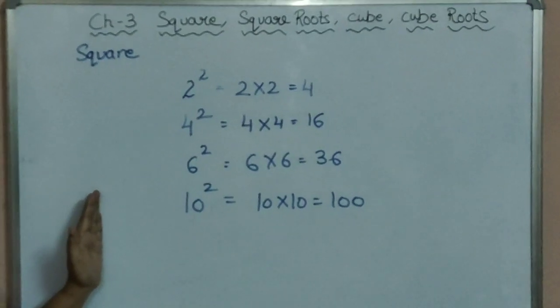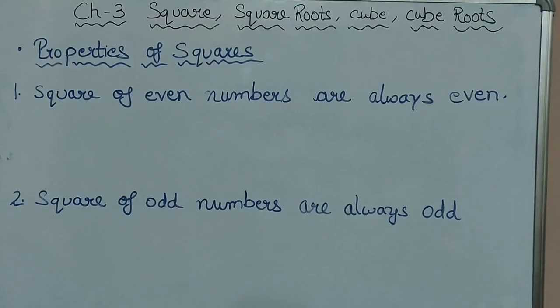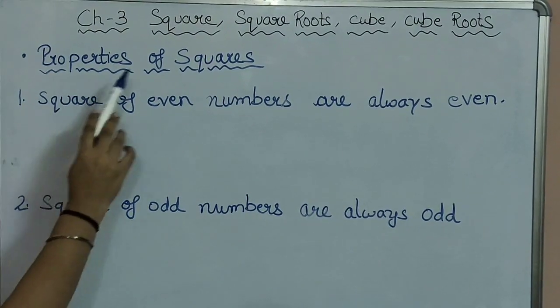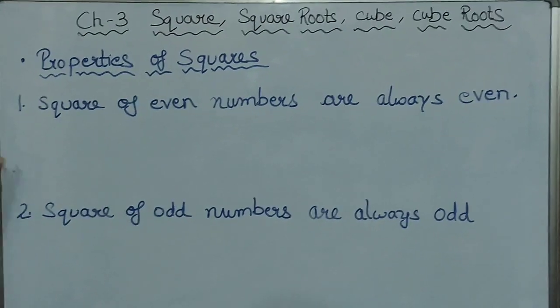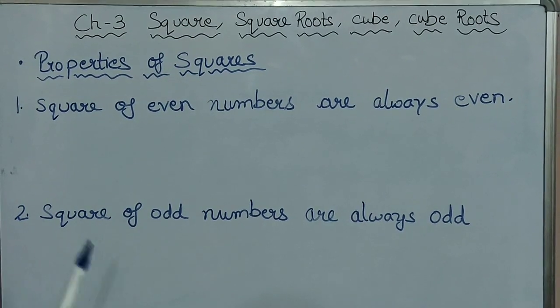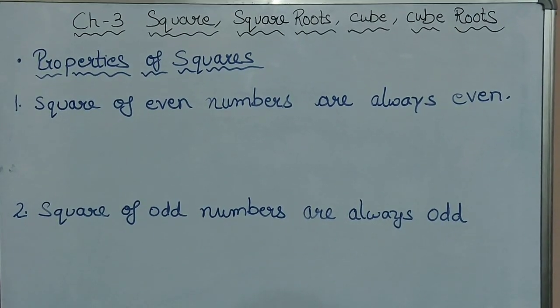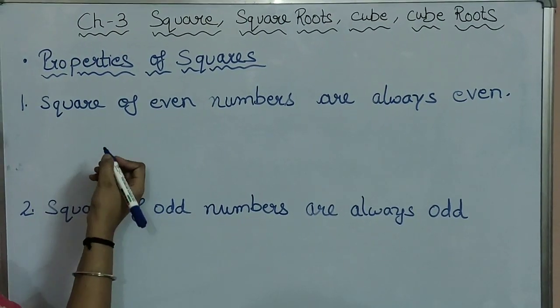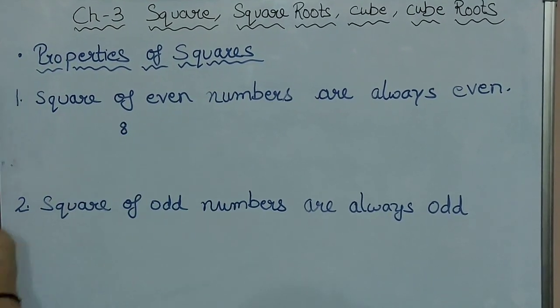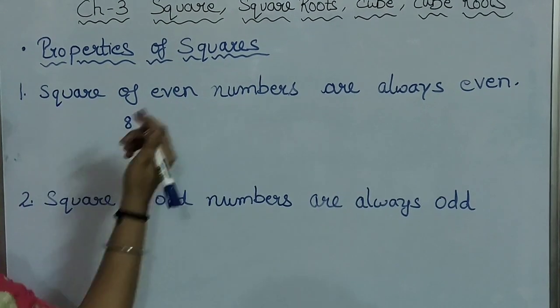Now we will discuss the properties of square. Okay students, we will start with the first property, that is square of even numbers are always even. What does that mean? If an even number is given to you, for example, we will take 8. 8 is an even number. What does this property say?